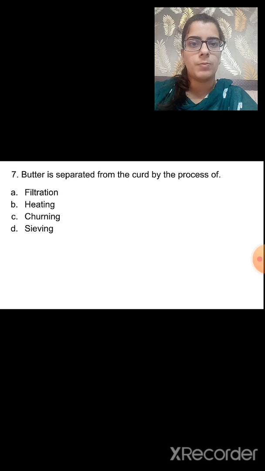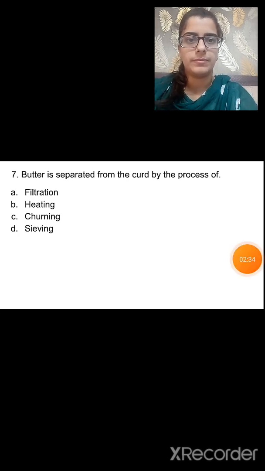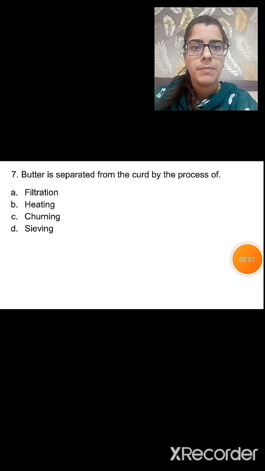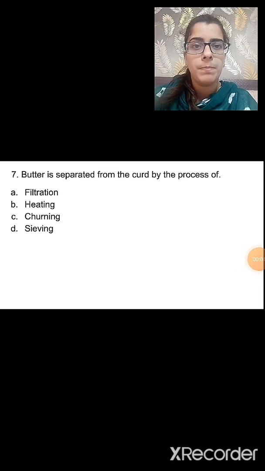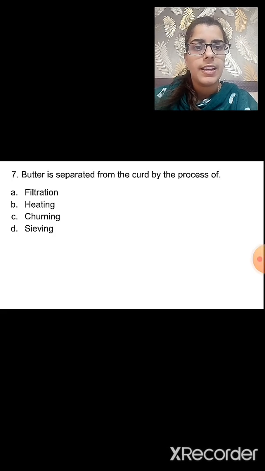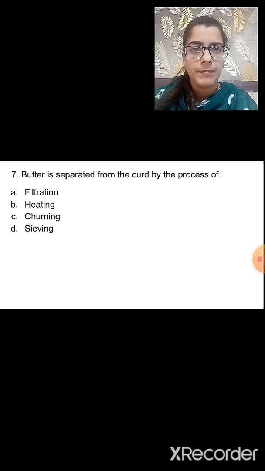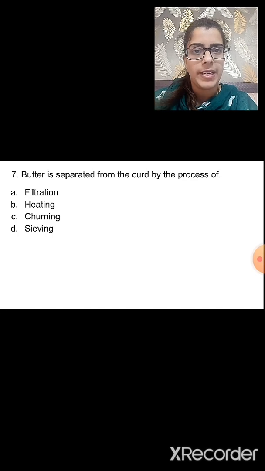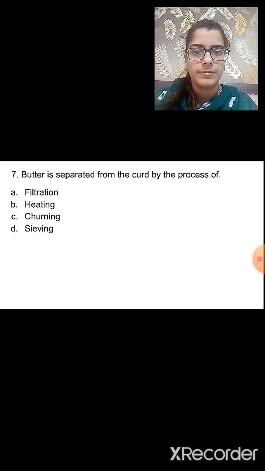It is option number C, that is, the churning method is used. What do you mean by churning? To shake or to mix the milk, cream or the curd with intense movement in order to make the butter. Nowadays electronic stirrers or beaters are also used.